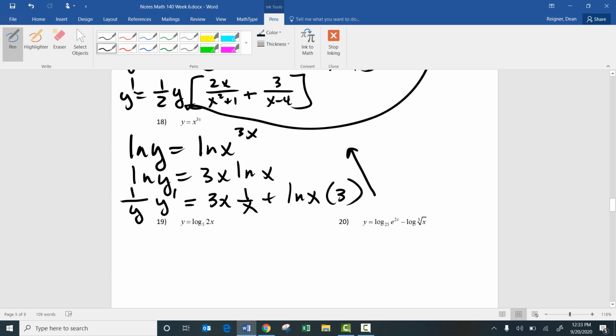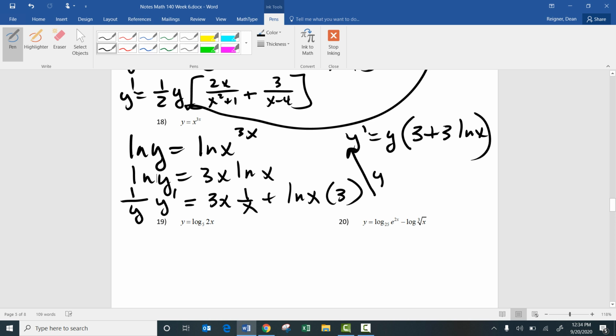Move up here, solve for y prime, so y prime equals multiply both sides by y. So you have a y here, and then you have this x will cancel. So you actually here just have a 3 plus 3 ln of x. And you're basically done.